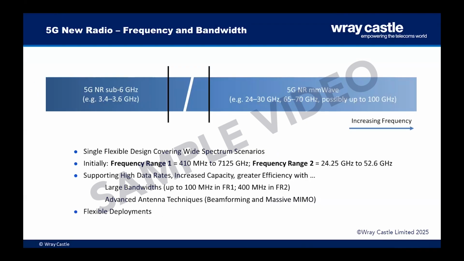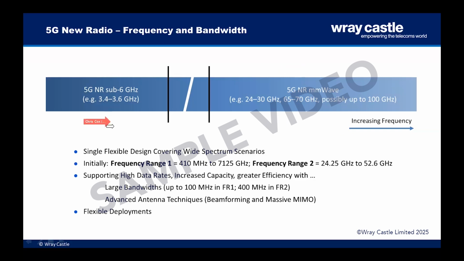I think a good introductory slide is one speaking about the usage of radio spectrum within a 5G system. Just pulling up my annotation toolbar here so that I can show you what's going on. We have got here frequency running from left to right. 5G is intended to operate in two separate frequency bands, number 1 and number 2.